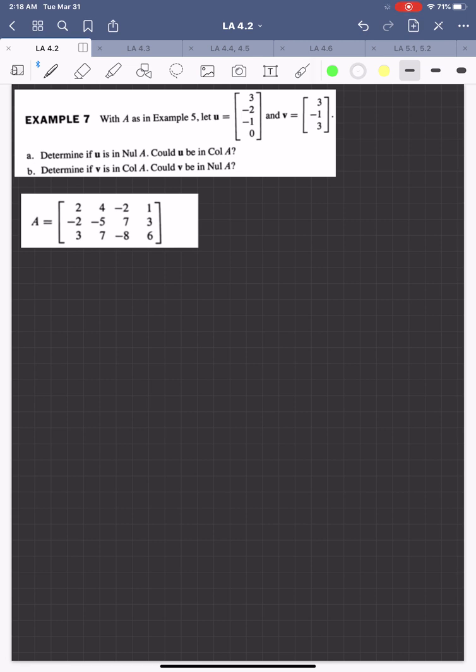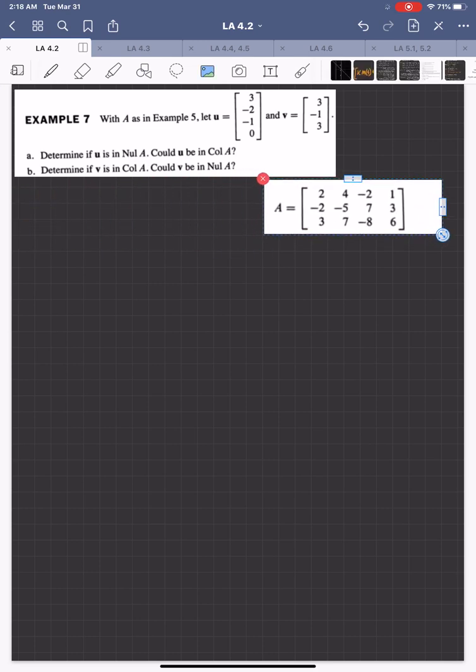All right, so again, I believe that we're using the same matrix A. Let me read. Given matrix A that we used previously, they give us a vector u and a vector v. Our job is to determine if u is in the null space and if u is in the column space.